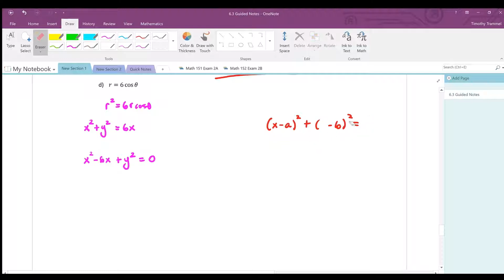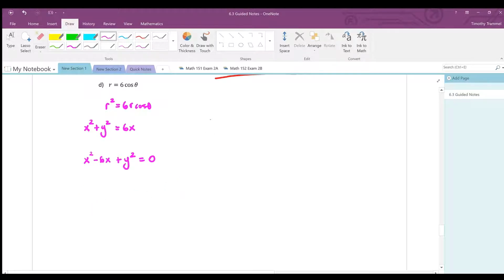We just need to figure out what we need to add to each side here so that we can complete the square. And what I mean precisely here is we're going to try and rewrite this x squared minus 6x. We're going to add a number to it so that we can write it as x plus or minus something squared plus y squared, and we'll also have some number squared over here. And if we do that, we'll have the equation of a circle.